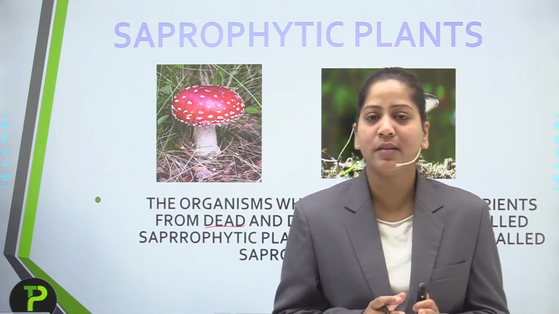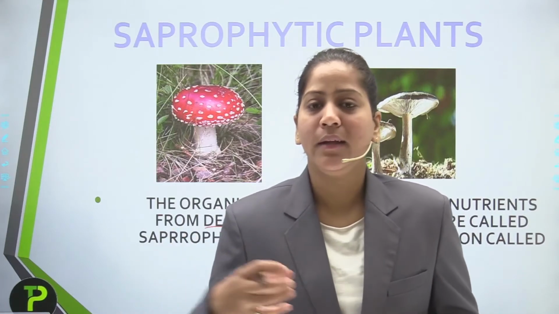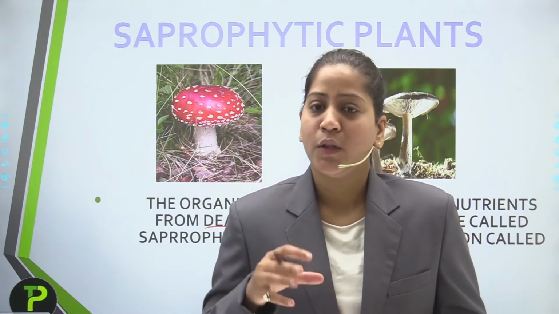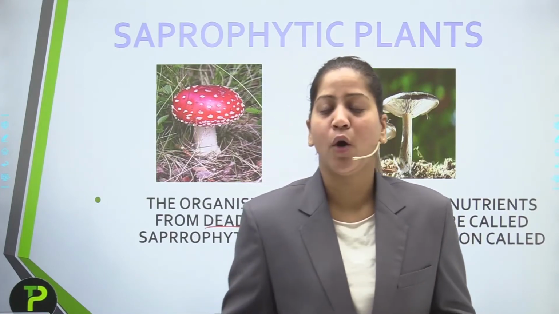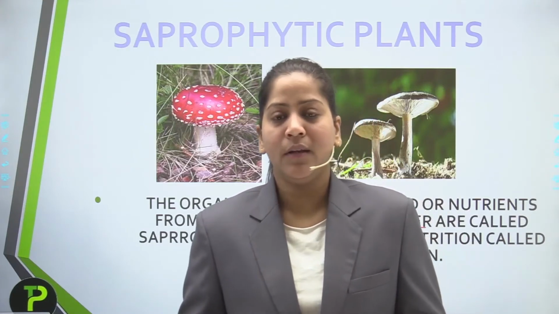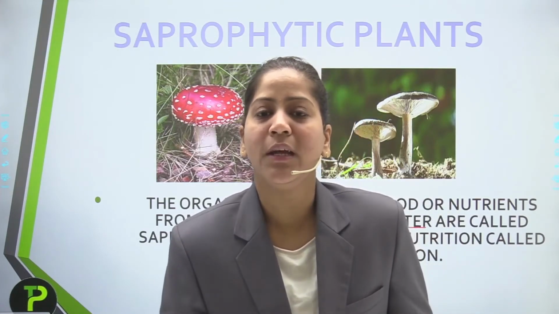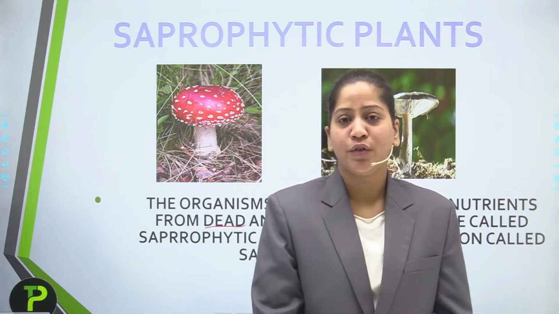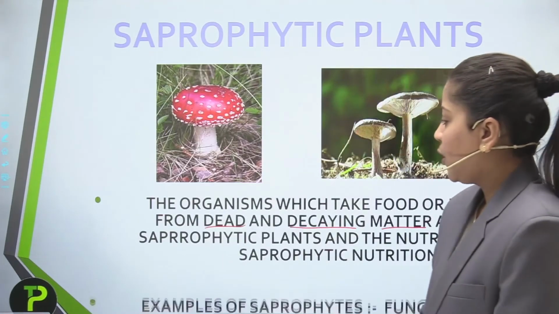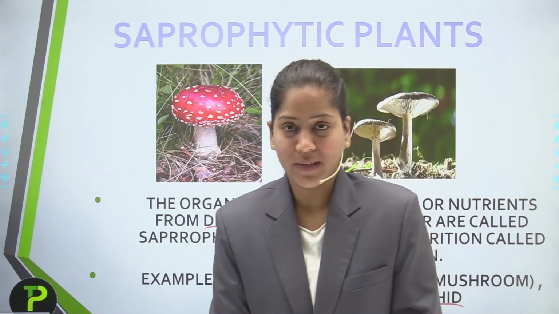The organisms which are feeding on dead decaying matter, meaning dead animal or dead plant, are known as saprophytic plants, and the type of nutrition will be called saprophytic nutrition. Now the next point, here are some examples.